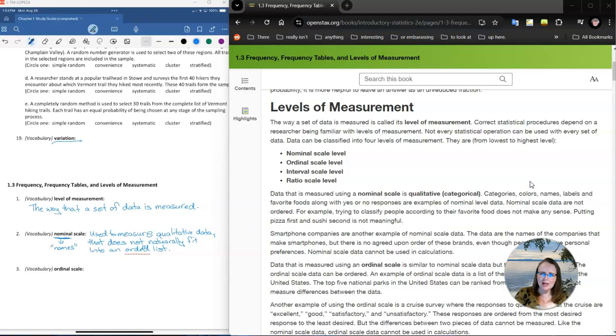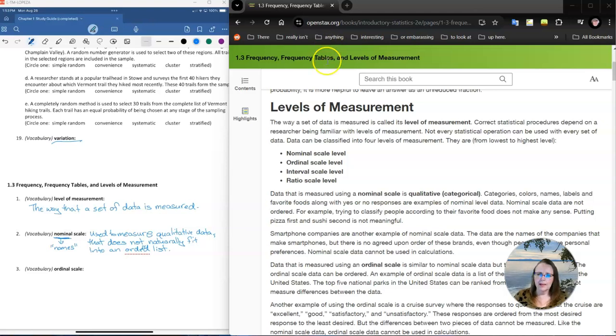So if it's just the name of a characteristic, the hair color, that's nominal. It doesn't make sense to say that brunette should be listed before blonde should be listed before black hair. That doesn't make sense. So when we're talking about a nominal scale, it's categories, qualities that don't have a natural order to them.